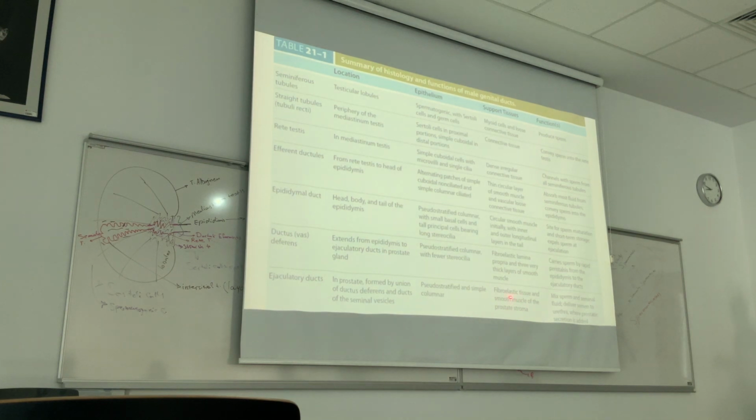These smooth muscle cells are related to the prostate stroma and do not completely surround the ejaculatory duct. Can you understand this part? It's very important for your exam. It's very, very important. Please memorize this part as you need.